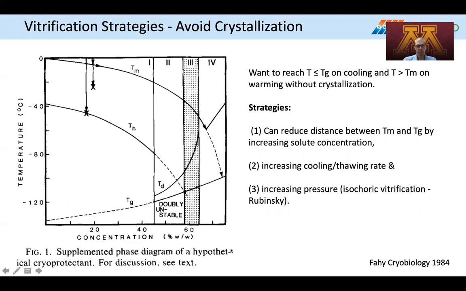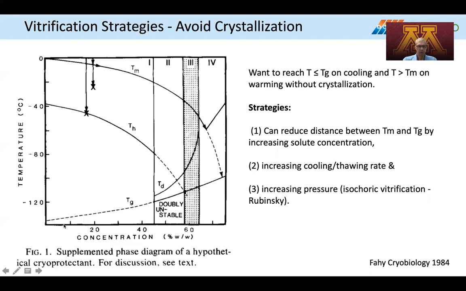But the basic way to look at these phase diagrams is, if you aren't at a high enough concentration, somewhere below 20% here, which is usually in the 3 to 4 molar range, and you're coming below the melt and you're not traveling rapidly enough, you're going to have a heterogeneous nucleation event, or a homogeneous nucleation event, which is what this T sub H means.